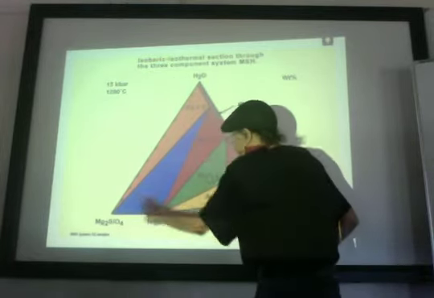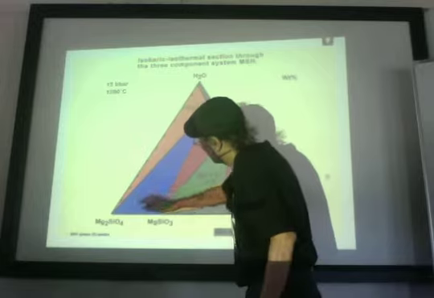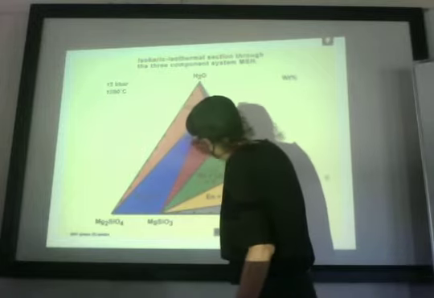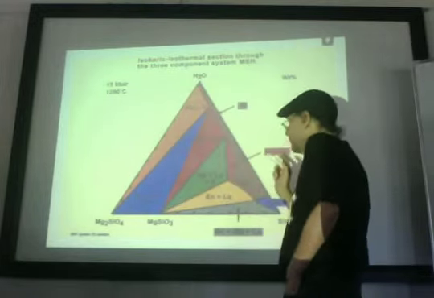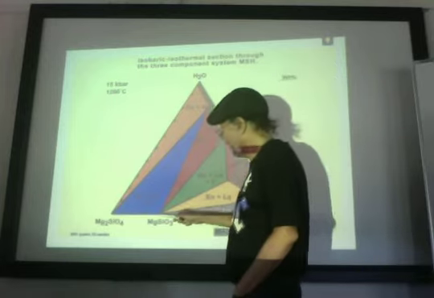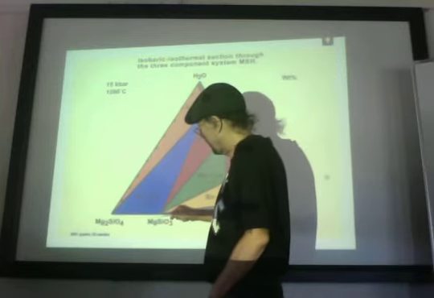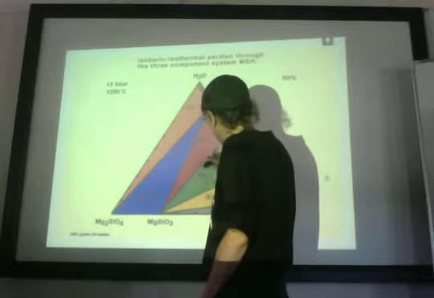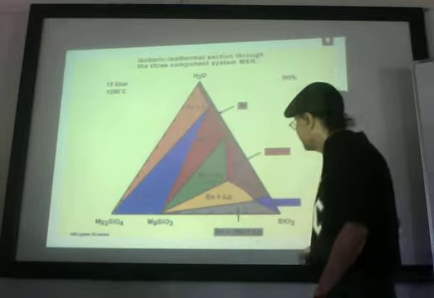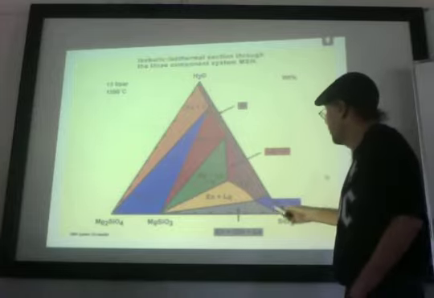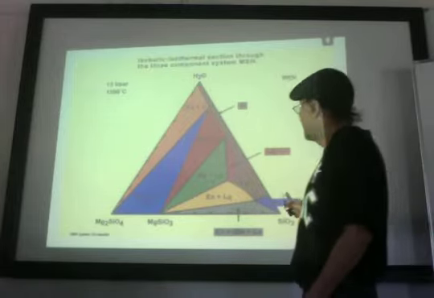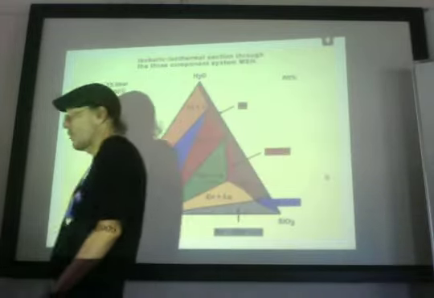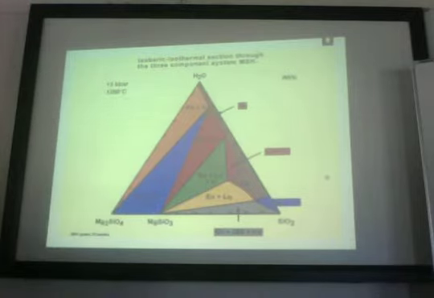So you can see from this diagram again, here you have our harzburgites in this field, whereas here you have the enstatite plotting. And then you have a field where you have enstatite plus liquid and vapor, or then later on the quartz.